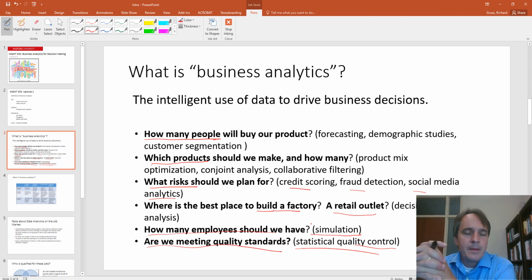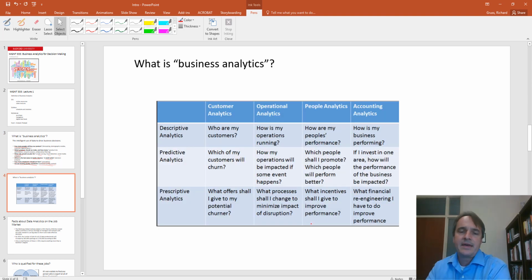But what folks have done recently is divide up this whole vast range of business analytics into 3 basic types: descriptive, predictive, and prescriptive. These differ in the kinds of questions that they answer.